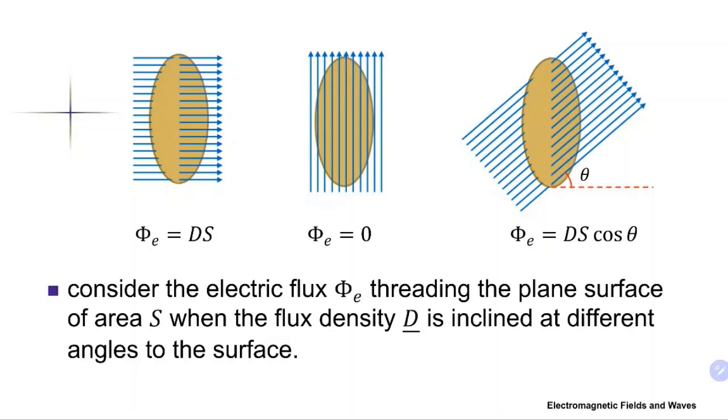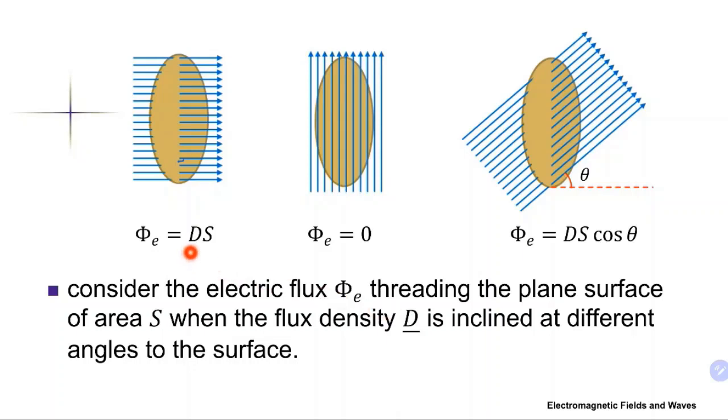Okay, so in this diagram here, I draw a circle in a slanted way, meaning that this is perpendicular to the surface of my circle. So I have a circle, and I'm looking at it from a slight direction, so I have how many lines going through this circle, and that is what we call our electric flux.